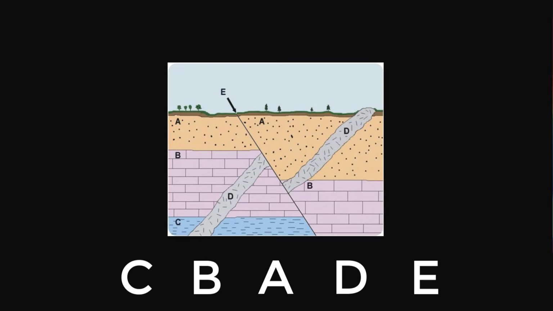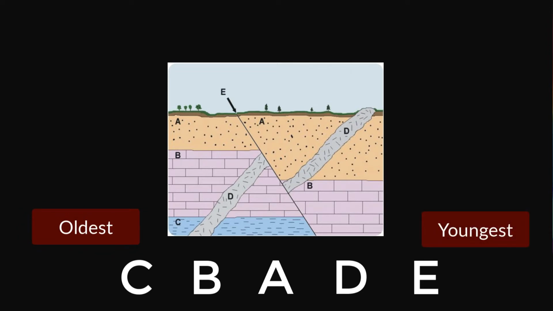It has been broken from its original position. So we know that D was already there, meaning it was older than the fault. So the correct order for this example, starting from oldest to youngest, would be C, B, A, D, then E.